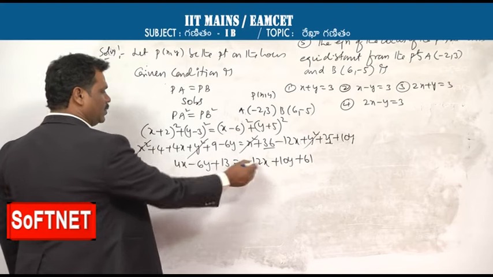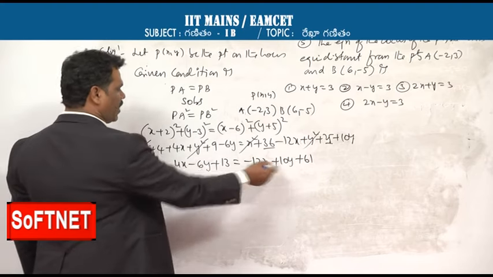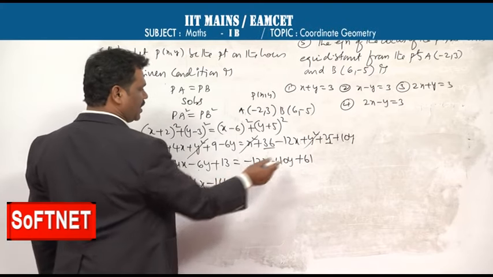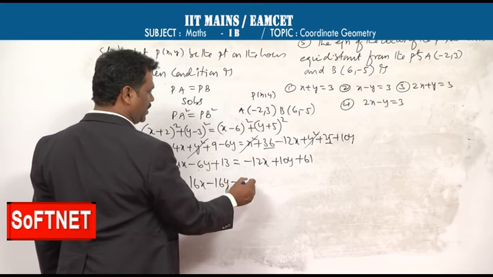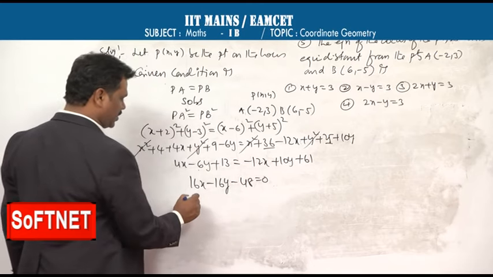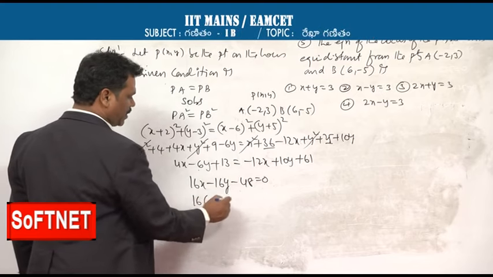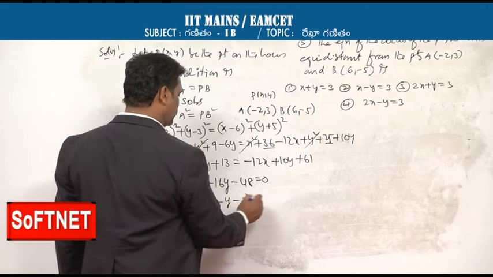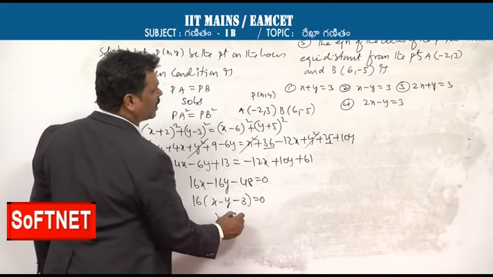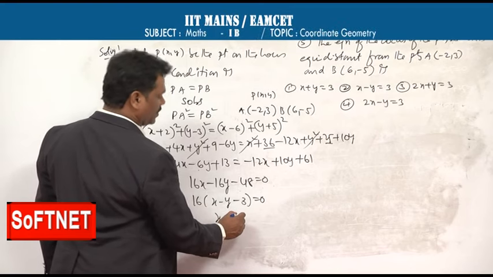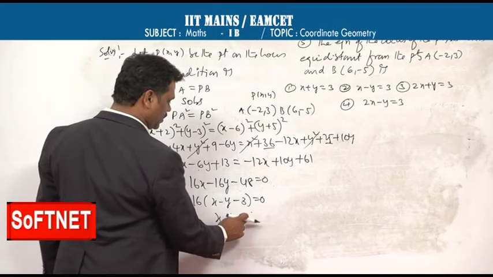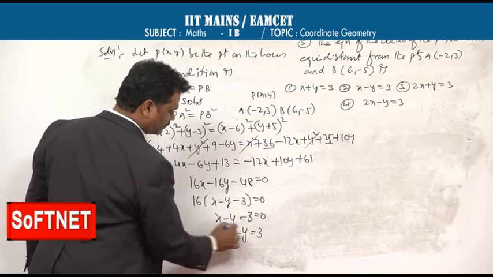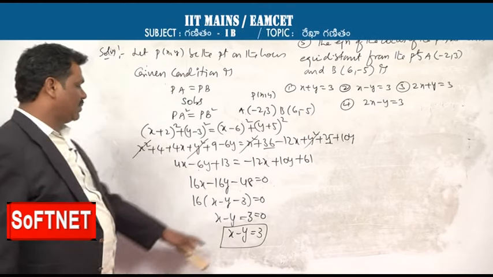Taking one side, 12x goes to 16x, 10y minus 6y is minus 16y, and 13 minus 61 is minus 48, equal to 0. Taking 16 common, x minus y minus 3 equal to 0. So x minus y equal to 3.